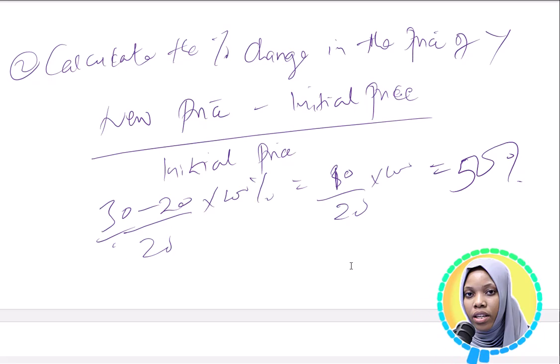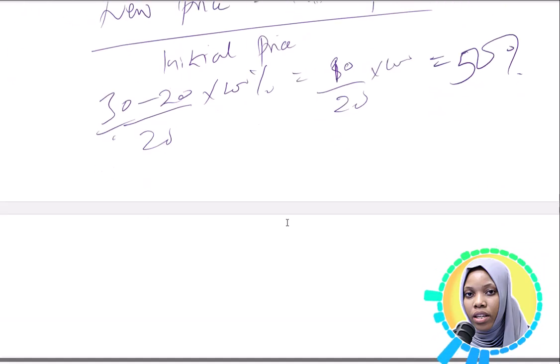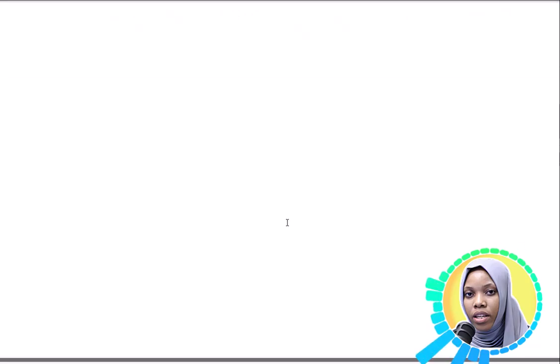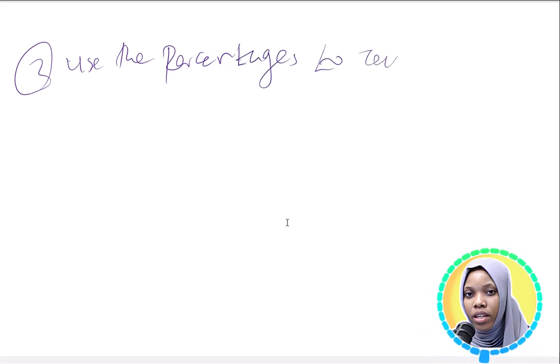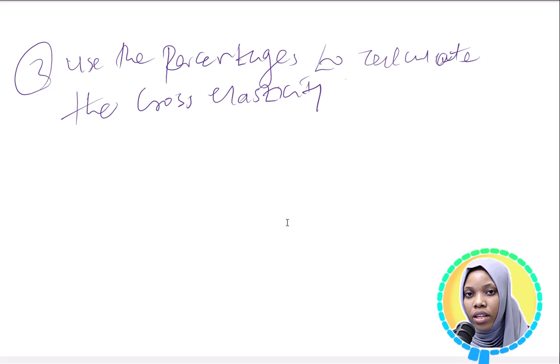And then we can now use the percentages to calculate the cross elasticity of demand. So step 3 is we use the percentages that we have calculated to calculate the cross elasticity of demand.